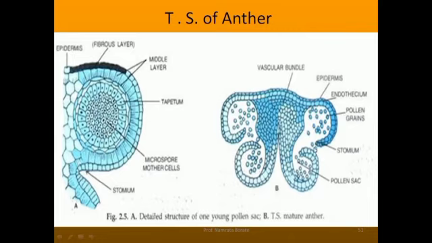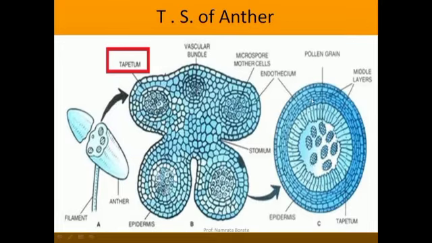Afterward, the next layer we see is the middle layer. This middle layer is made up of thin-walled cells, one to two layered, which may disintegrate in the mature anther. These cells act as a storage center for starch.